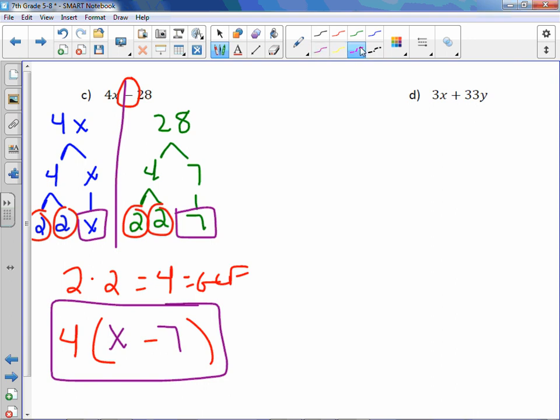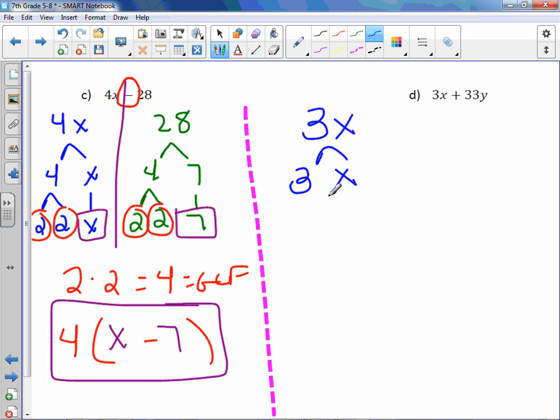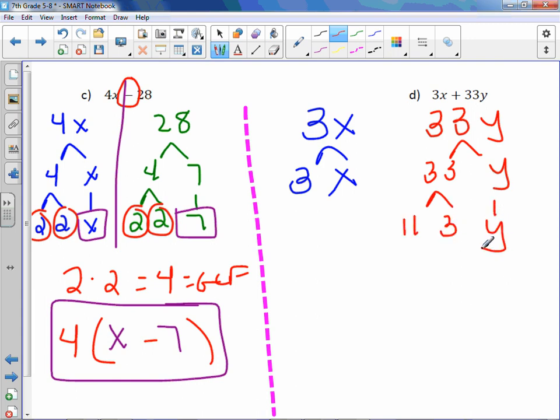Letter D. 3x can be broken apart into 3 and x. And 33y, 33 and y. However, 33 can be broken down into 11 and 3. And we'll bring down that y. Looks like we have a 3 in common.